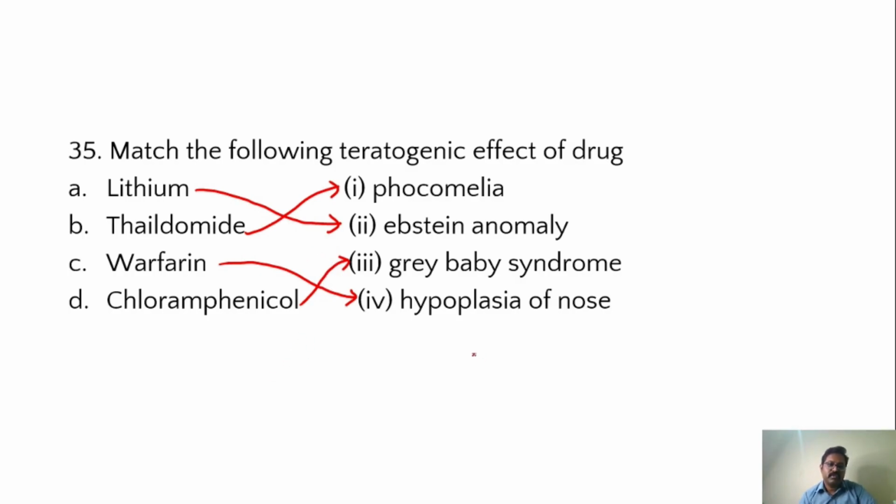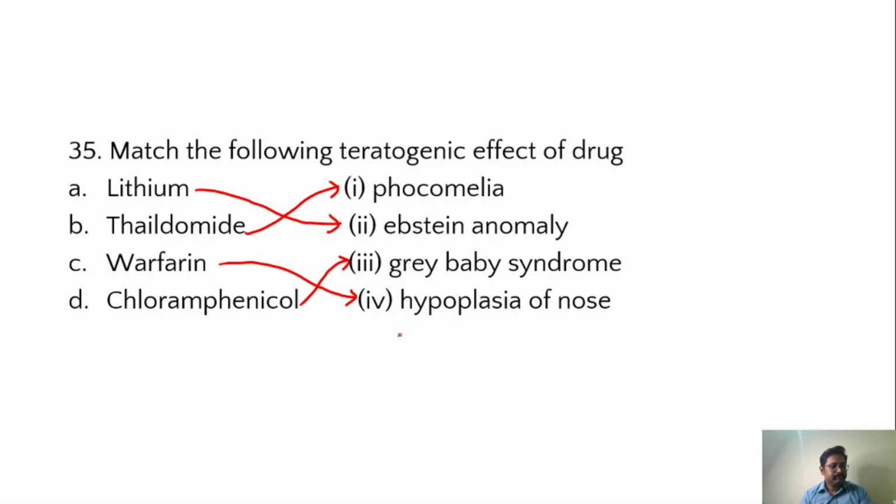There is one more syndrome, the yellow baby syndrome, which is caused by cotrimoxazole. That is the kernicterus yellow baby syndrome. There is one more syndrome, Redman syndrome, which is caused by vancomycin. You should remember vancomycin causes Redman syndrome.